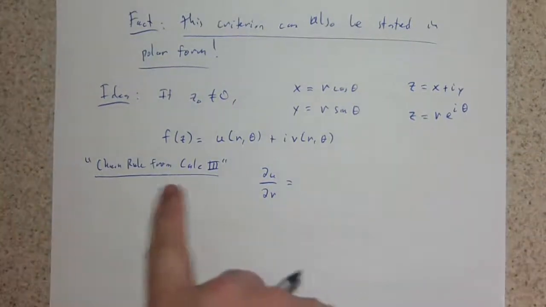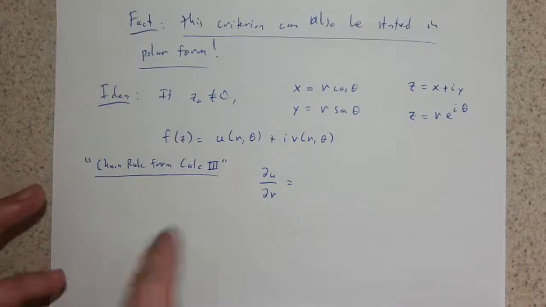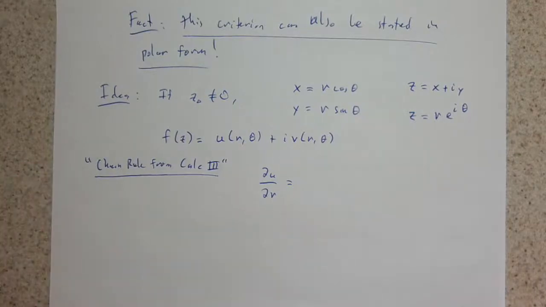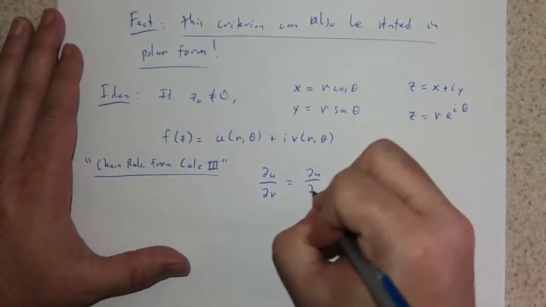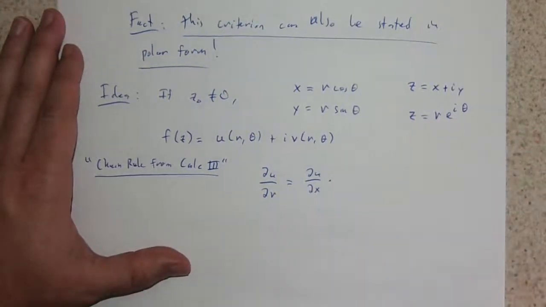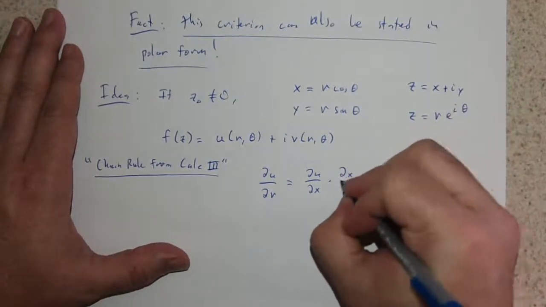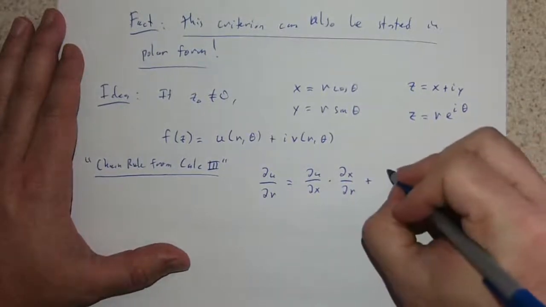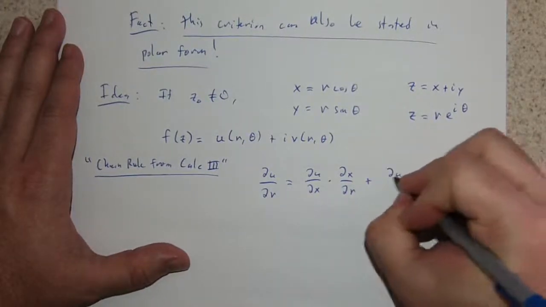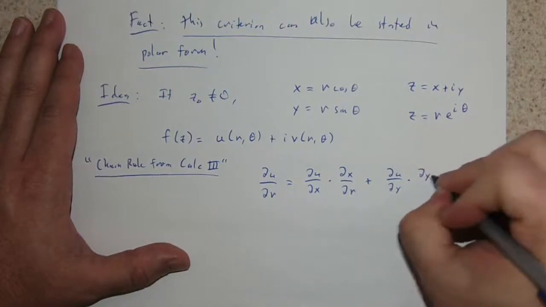You might remember, if you ever learned this, following a tree to actually keep track of what needs to be multiplied and added here. And so this is the x partial of u times the r partial of x, plus the y partial of u times the r partial of y.